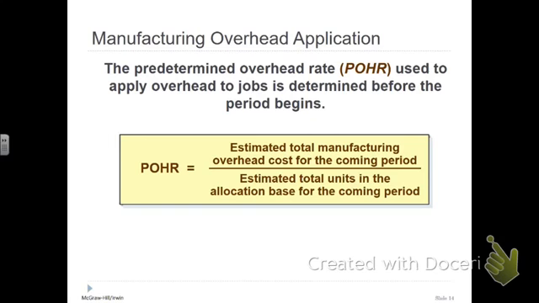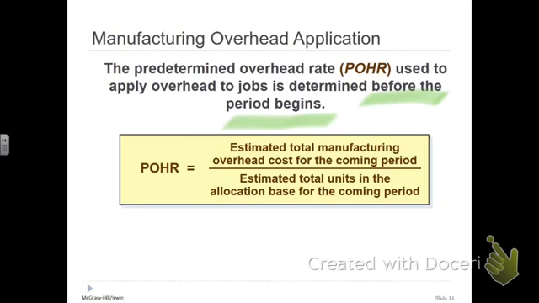To calculate that predetermined overhead rate, first off, it is done before the period begins. I used to often get a call in October or September or even August asking, how much do you think it's going to cost next year for this? Part of me wanted to say, how the heck do I know what it's going to cost a year from now for this particular product?